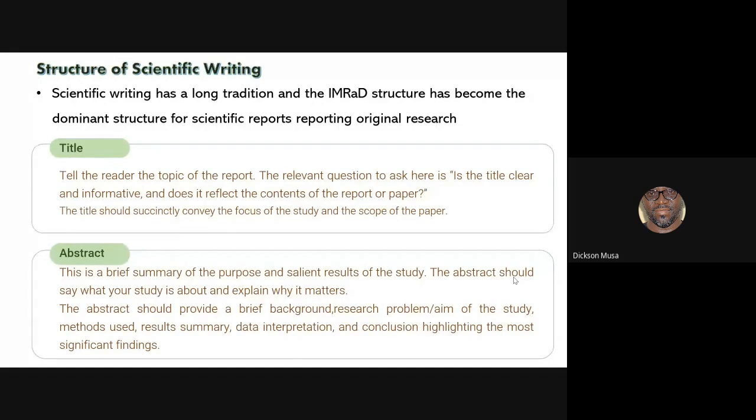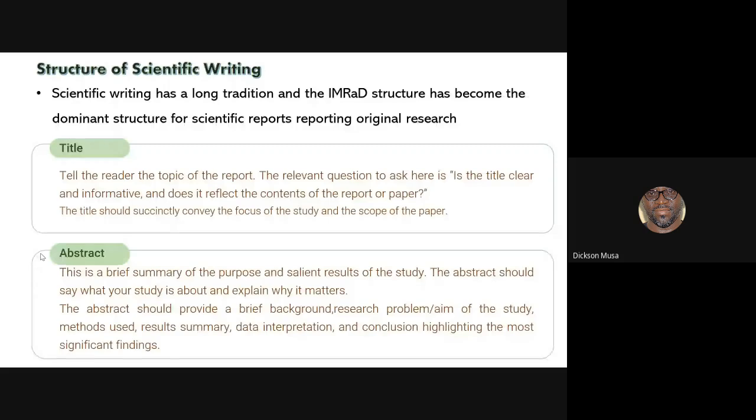Then we have the abstract. The abstract usually comes after the title, but the abstract is the last thing to be written, and it's one of the first things to be seen. The abstract is a very important part of any academic writing.